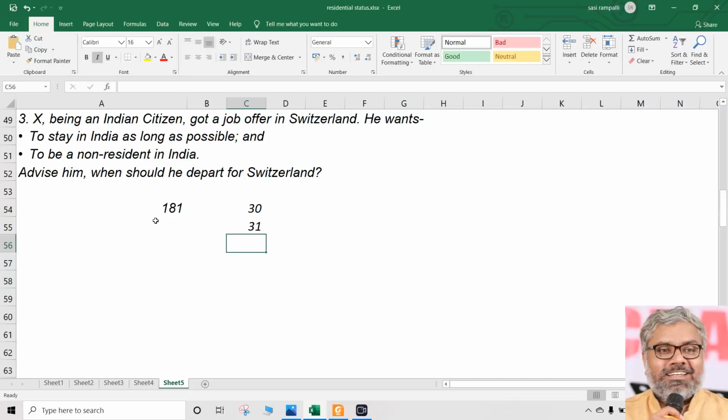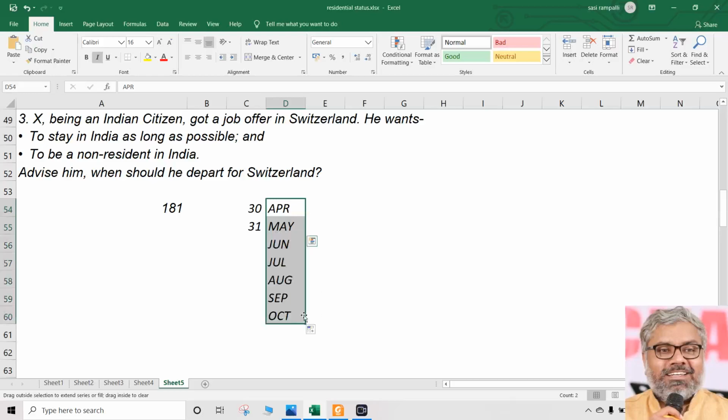So during the previous year, which starts from April, first month he would have stayed for 30 days, second month May. So we can just have these months here, April, May, and there might be other months also like June, July, August, September. We'll see to what extent he can stay depending upon the number of days.